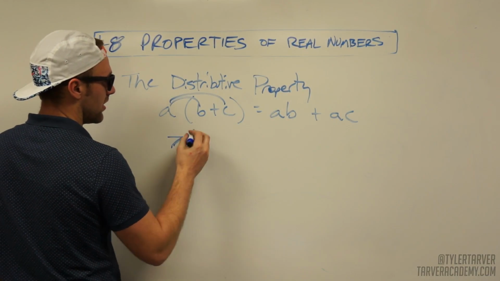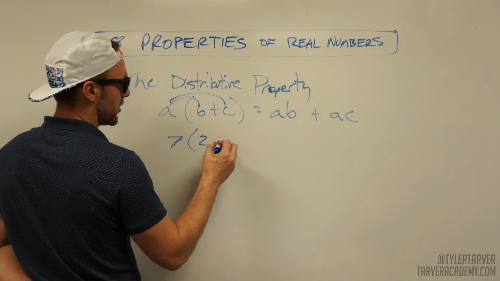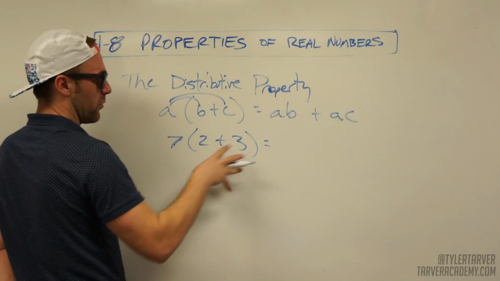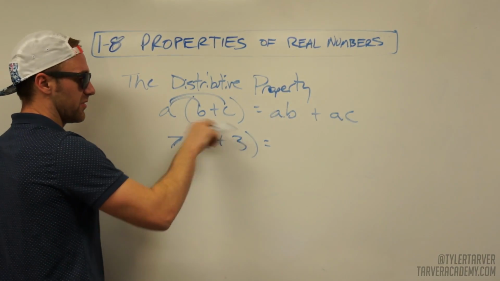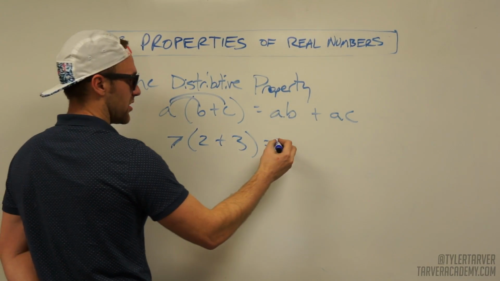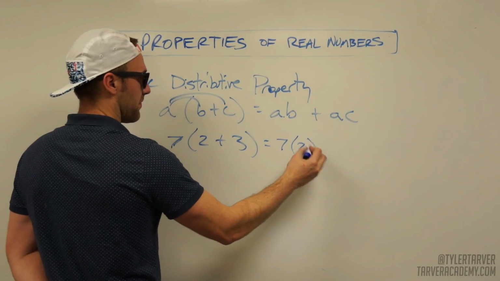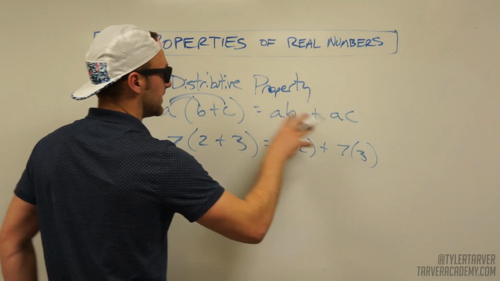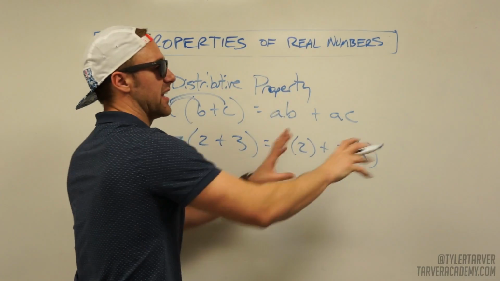7, and then let's say 2 plus 3. And then we know we can work this. Like we distribute the 7 in there. It'll be 7 times 2, but I'm just going to write it over here. So 7 times 3. It's saying that this equals this.